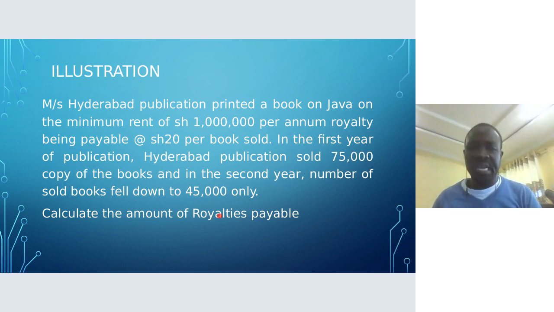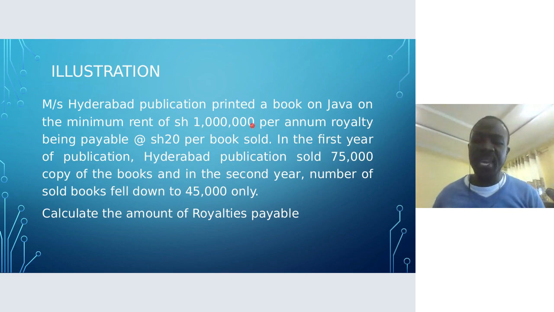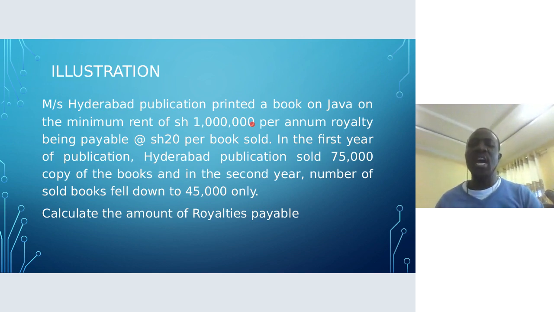900,000 shillings. Now, to determine the royalty that is payable, we will compare the royalty that is due, which is 900,000, and the minimum rent, which is 1 million. Because the royalty due is less than the minimum rent, what will be paid is the minimum rent, which is 1 million, as opposed to 900,000.